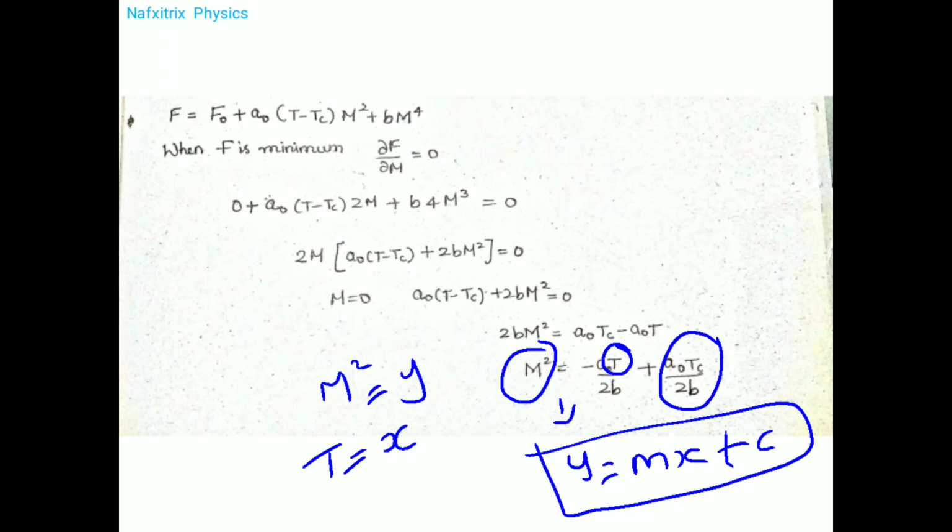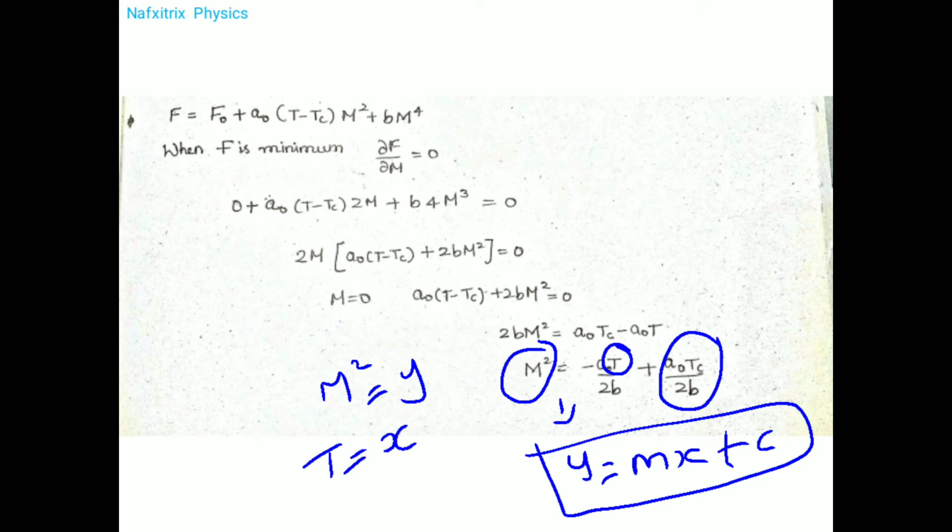Hence the graph would be a straight line, but not like a parabola. This is where confusion arises. If we were asked to find a graph between m and t, then it would have been parabolic, but we were asked to draw a graph between m square, so it would be a straight line.